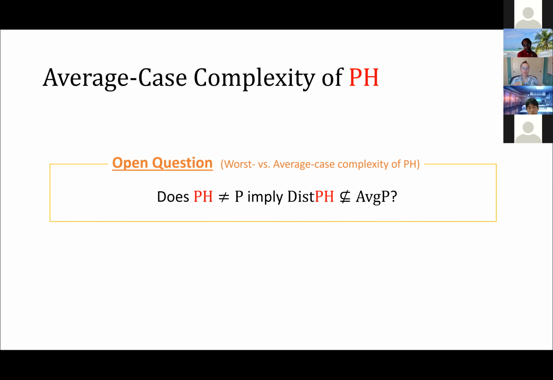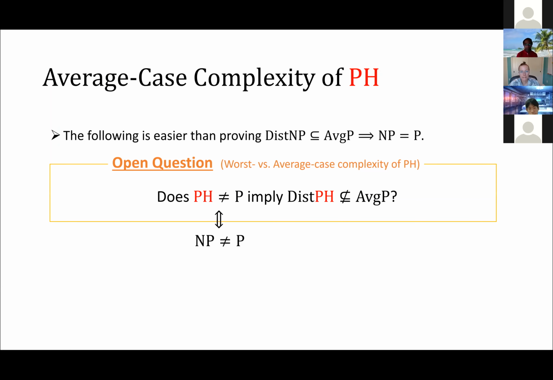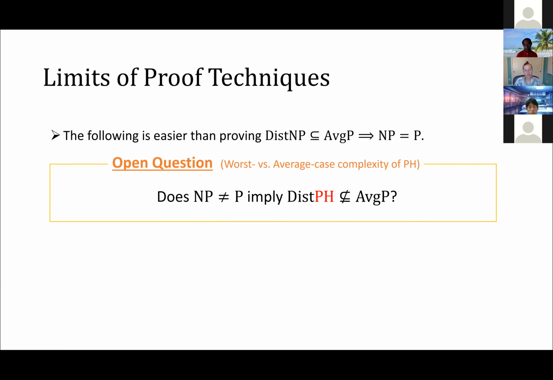But regarding this easier open question, we have a rather poor understanding of why it is difficult to resolve. There are some limits known, but regarding limits of black box reductions, we didn't know any before.